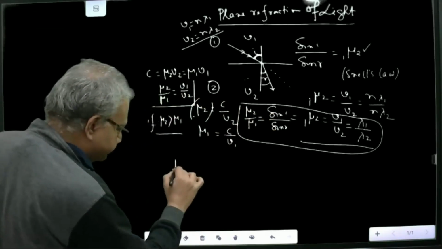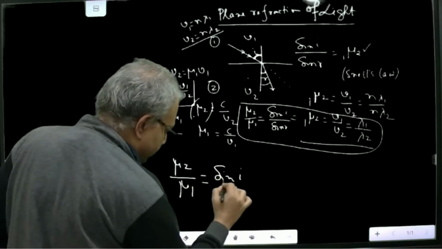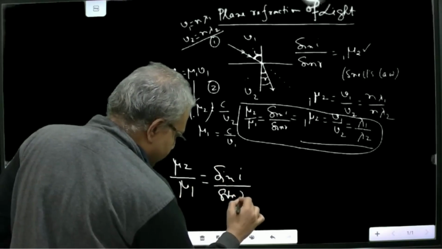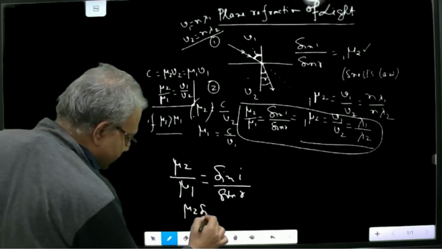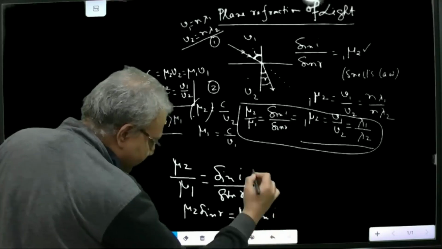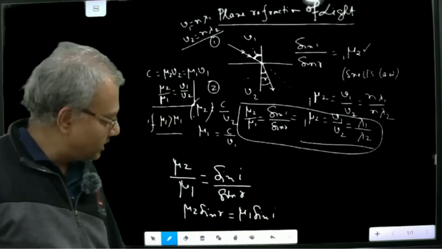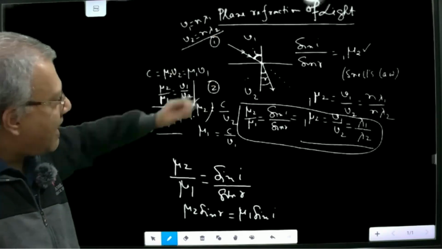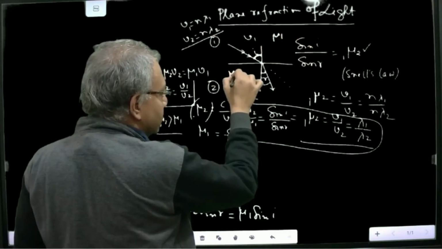Mu2 by mu1 is equal to sin I divided by sin R. Just cross multiply. Mu2 sin R is equal to mu1 sin I. Just observe: the absolute refractive index here is mu1, and the absolute refractive index here is mu2.